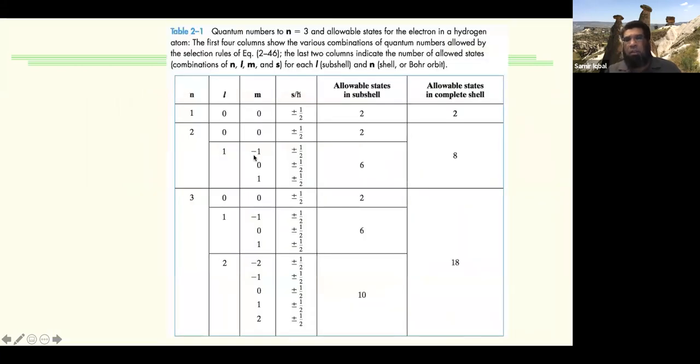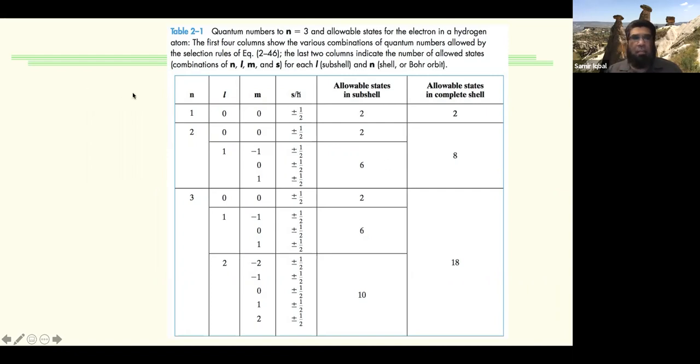Now, why does it matter? It matters because if you remember Pauli's exclusion principle, no two electrons can occupy the same space. So they all would have distinctly different values, and quantum numbers help us put this into practice.